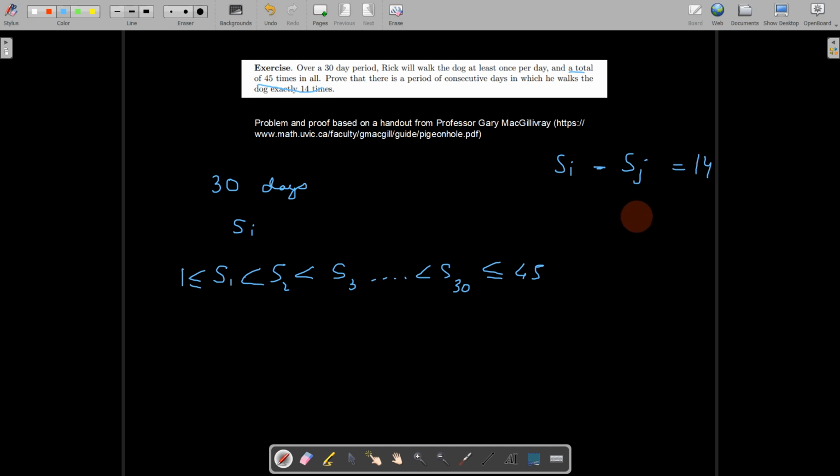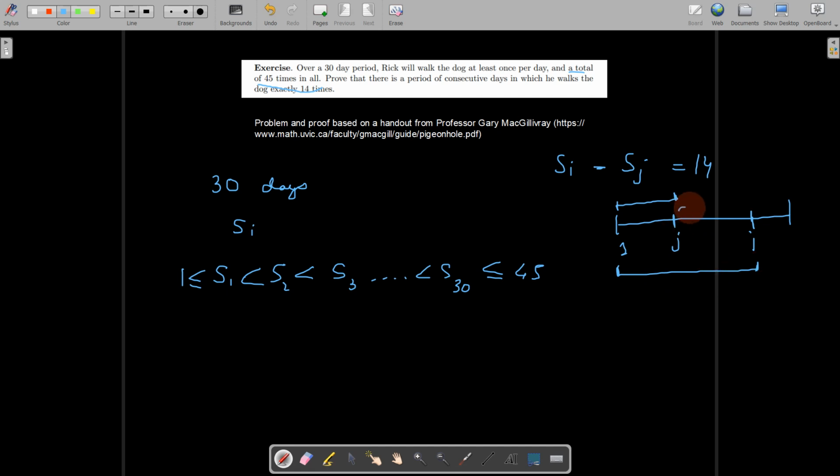So what does this mean? Sj represents, starting from day 1 till the end of day j, how many times Rick has walked his dog. And Si represents, starting from day 1 till the end of day i, how many times Rick has walked his dog.